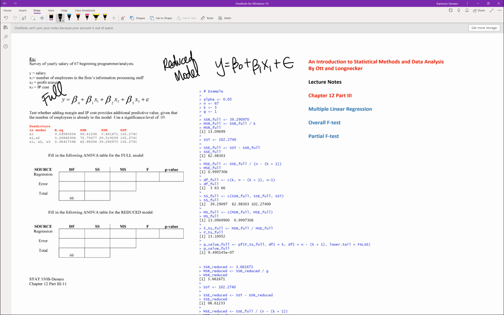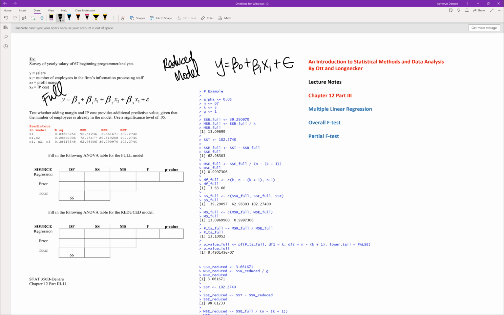Now, if we added additional variables, this R squared should continue to increase, and it has an upper bound value of 1, right? This gives us the percent of variation in the salary that can be explained by the variables in the model. So the more variables we add, the more we can explain. The sum of squares error also should reduce as the number of variables in the model increases.